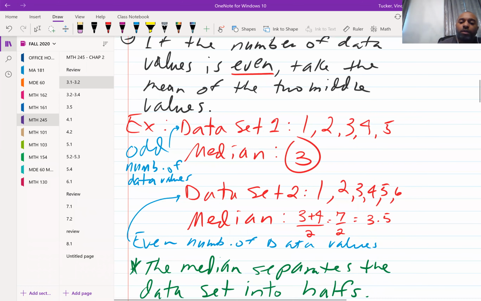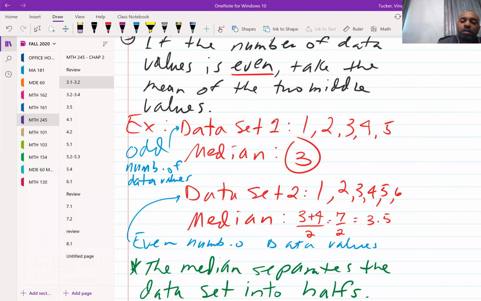We take 3 and 4, add them together. That's 7 over 2, and that'll be 3.5. Remember, your median is the data value that splits your data set in half. Notice that 3.5 is right in between the 3 and the 4. So that will still split your data set in half.